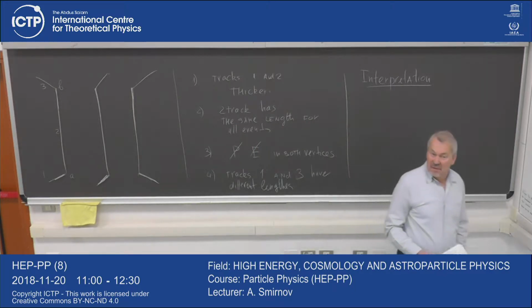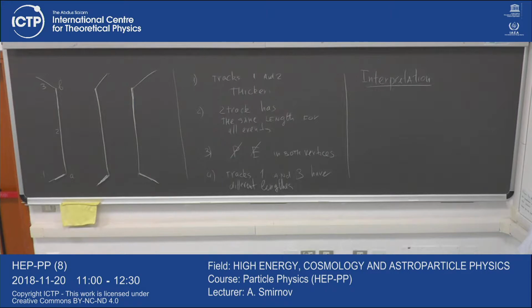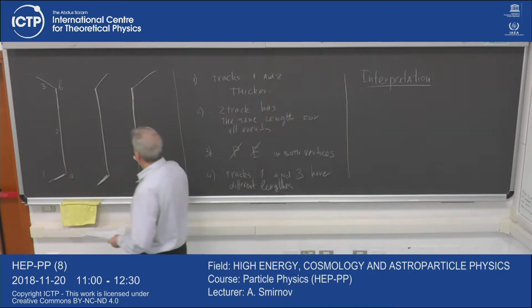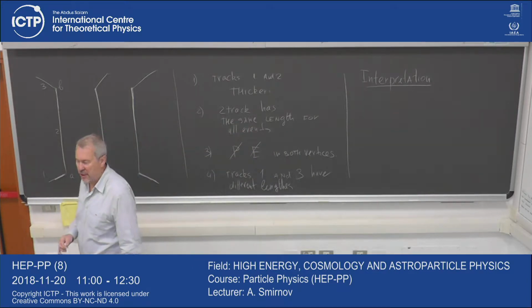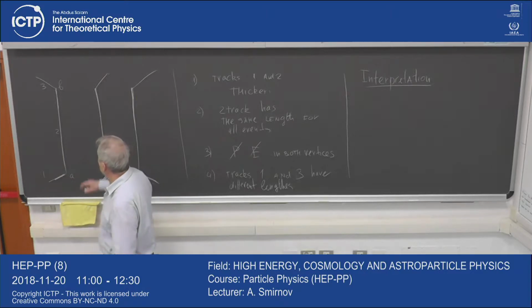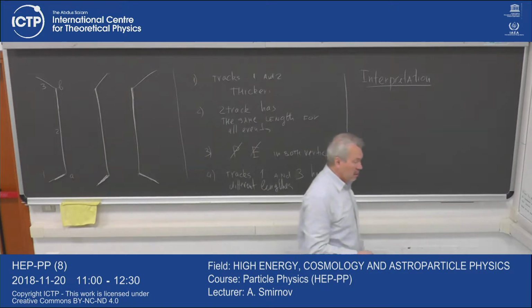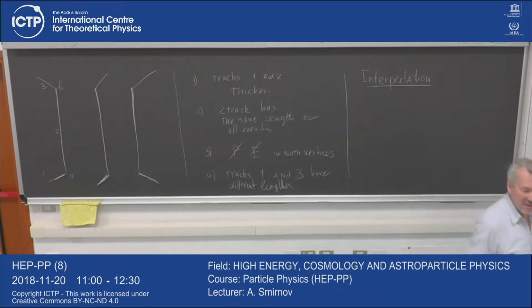Because if you have a particle with the same lifetime, then with higher energies the lifetime is bigger. Yes, of course you can say that those three are particles of the same type, and these are particles of the same type. But what are these particles? How to explain this type of events?